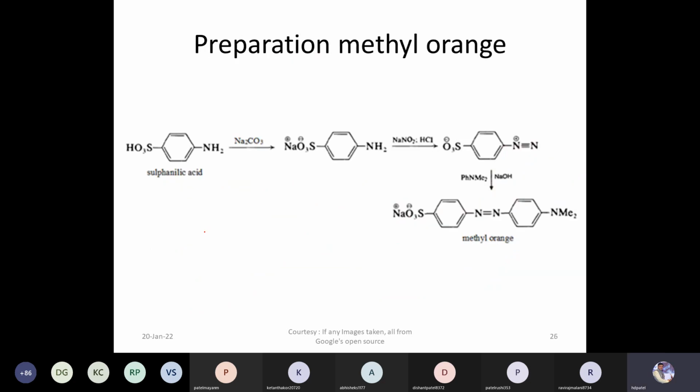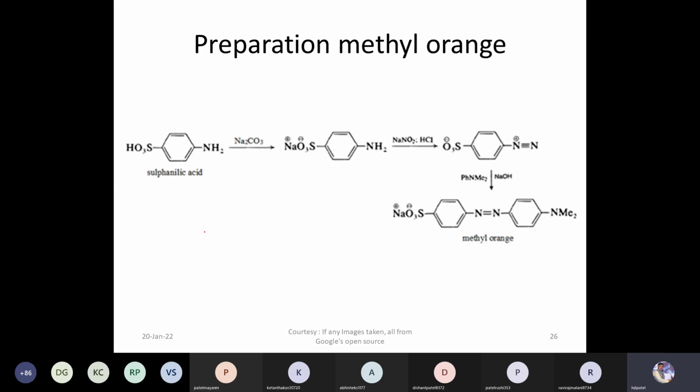Now the first preparation is associated with methyl orange. We can synthesize methyl orange from sulfanilic acid. The name itself says sulfanilic acid: a sulfur containing group, SO3H, is attached to the phenyl ring, and on the other side an NH2 group.